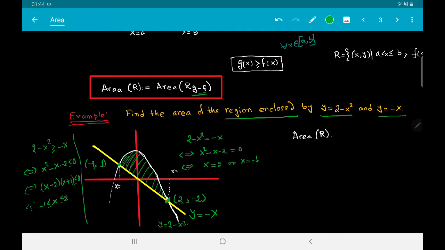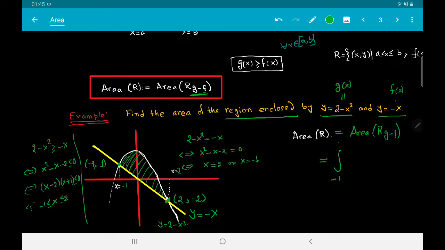So we want to compute our g minus f. So what is our g here? g is the function which is bigger in our notation. So we will call this function g(x), we will call this function f(x), and we will simply compute the area of our g minus f. How do we do this? This is simply the integral, with x equal to minus 1 here and x equal to 2 here.